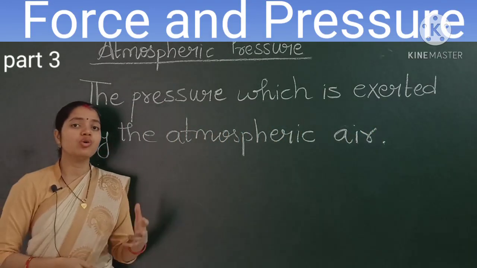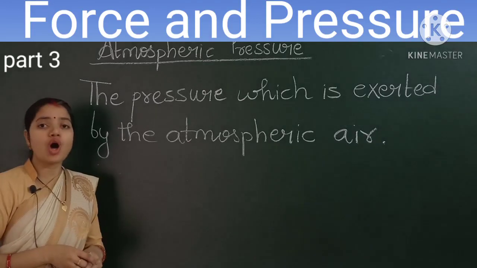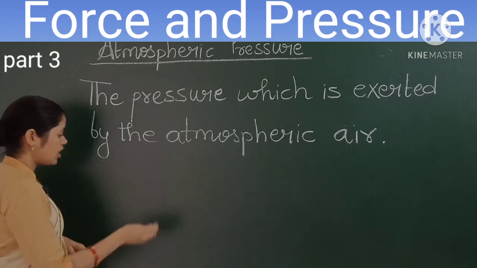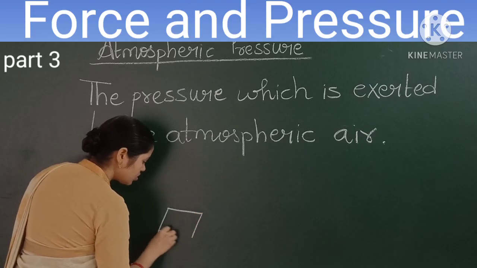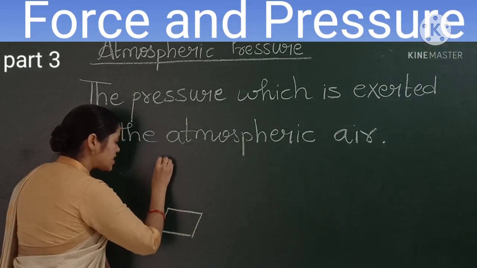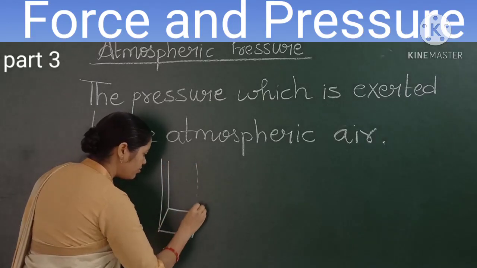Understood students? So let's imagine a unit area and a long cylinder standing on it, filled with air. Okay, so this is the unit area on the surface of the earth, and a long cylinder stands on it, filled with air.